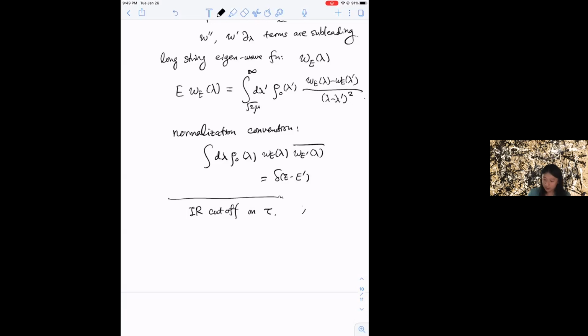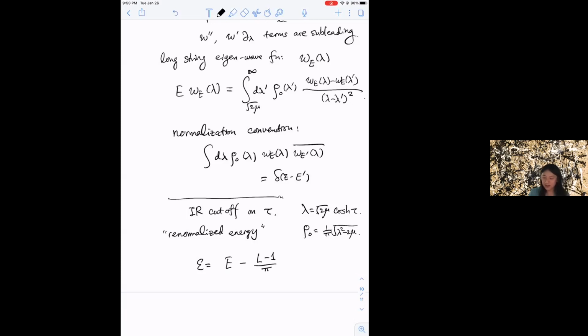Remember, tau is a spatial coordinate related to lambda by the relation lambda is square root of 2 mu cosh of tau. And by the way, rho naught is 1 over pi, square root of lambda squared minus 2 mu, as I wrote before. So we're going to define the renormalized energy of the long string, epsilon, to be E minus L over pi.